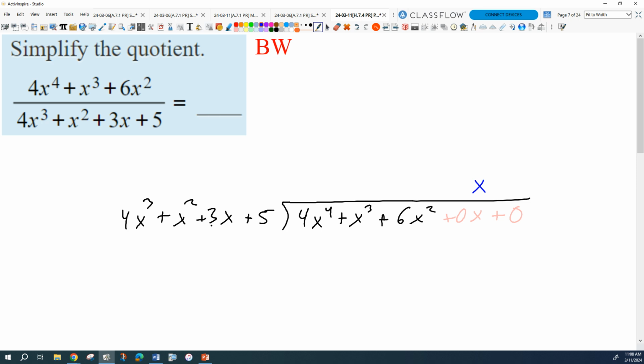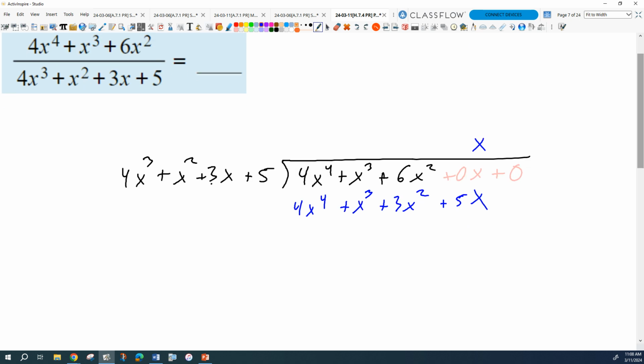Distribute, and I get 4x to the 4th plus x cubed plus 3x squared plus 5x. What do I do? Subtract. Okay, so is that good? I have to have parentheses so I know that I'm going to subtract each term individually, vertically, right?